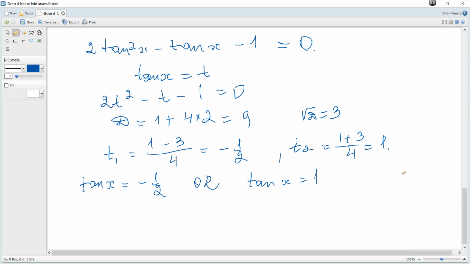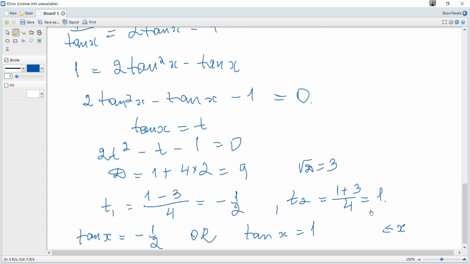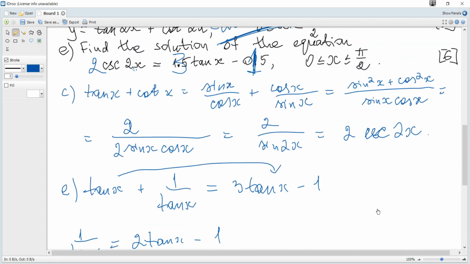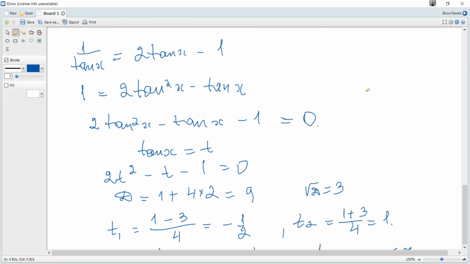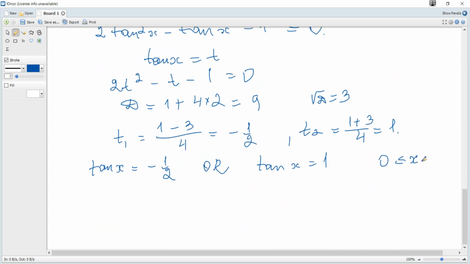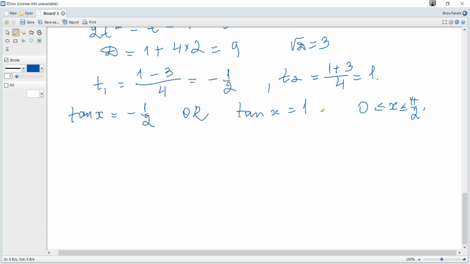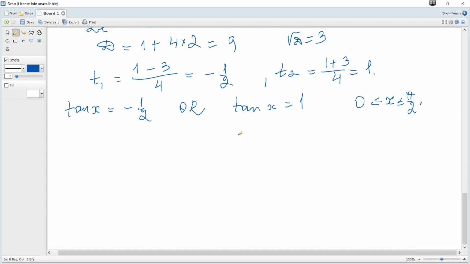And notice that we need x from 0 to pi over 2. And how to solve tangent equal to a number? We use just a formula. So x is arctangent, or inverse tangent of 1 plus pi k. Pi is the period of tangent, k is any integer.